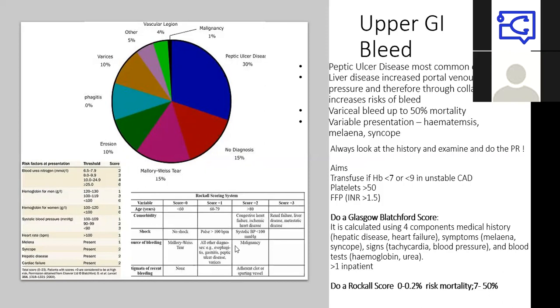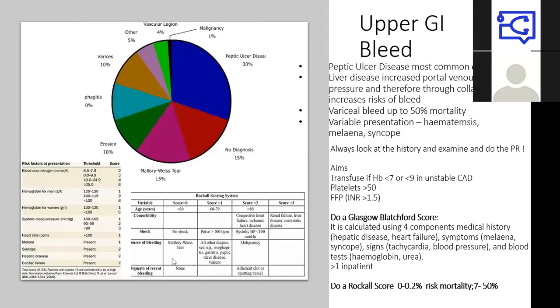And whenever you have a patient who comes in with a GI bleed, you must perform a Glasgow Blatchford score. That's really important. And a pre-endoscopy Rockall score, okay? Because these are very important. The Glasgow Blatchford score is just there to tell you the risks and the need for intervention. And this will be the ammunition that you'll need when you're phoning the GI endoscopist about the patient.